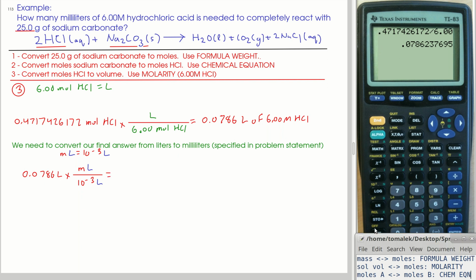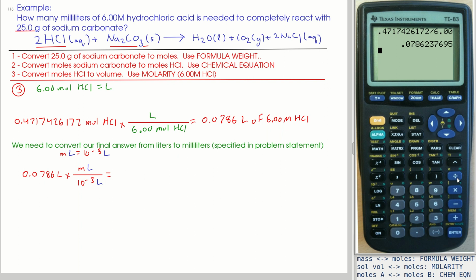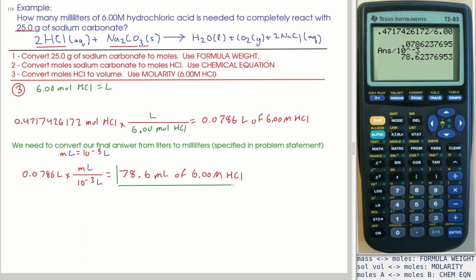And we go to the calculator and we find out, divided by 10 to the minus 3, that our answer in the right units is 78.6 milliliters of 6 molar hydrochloric acid. So if you have 25 grams of sodium carbonate handy, you could actually completely neutralize a 78.6 milliliter spill of 6 molar hydrochloric acid.